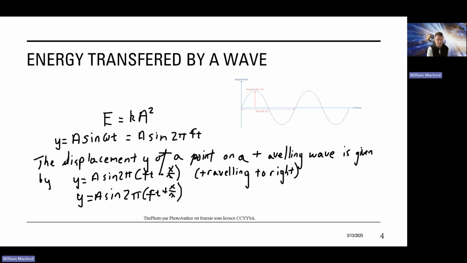So let's look at the two equations at the bottom there, where y is equal to a, the amplitude, sine 2 pi, and then in the brackets we get ft, frequency times time, minus x divided by lambda. So x is the distance that the wave has travelled to the right. If we're talking about the distance travelled to the left, we use the relationship plus x over lambda.